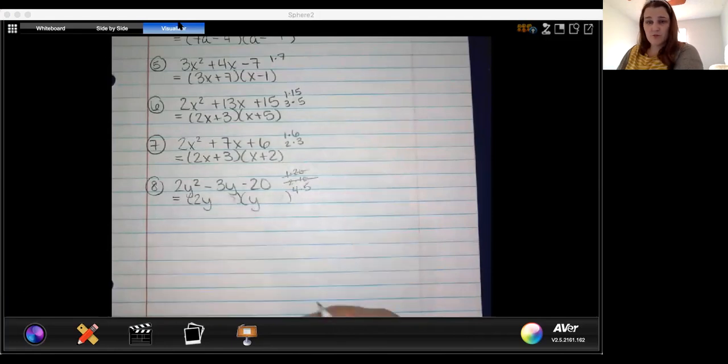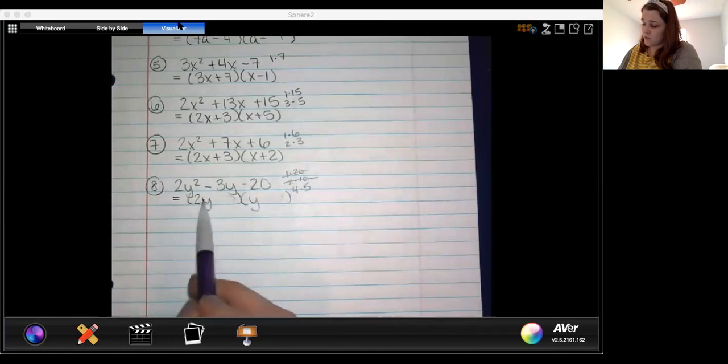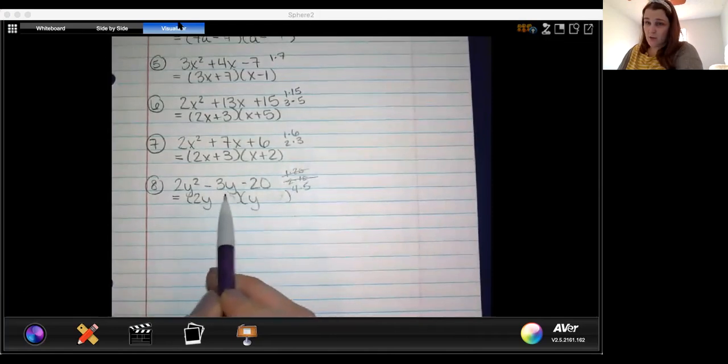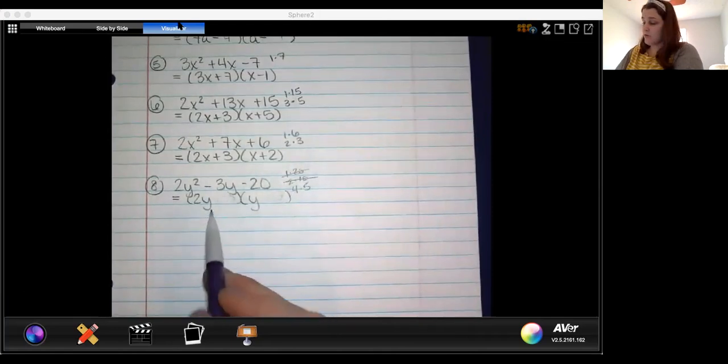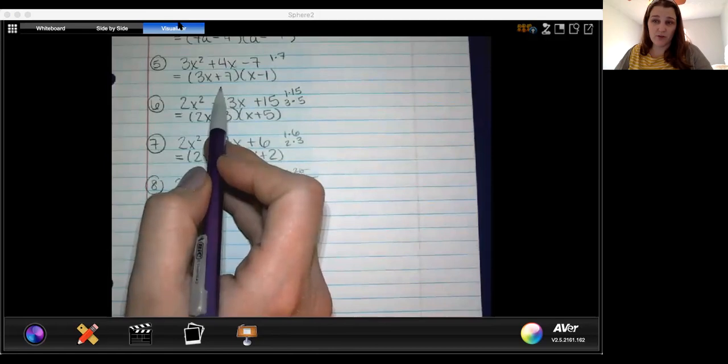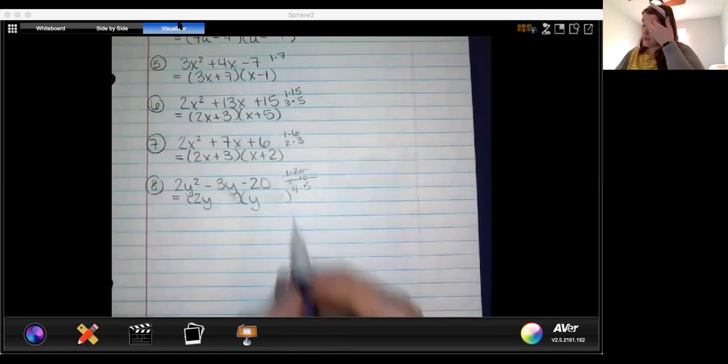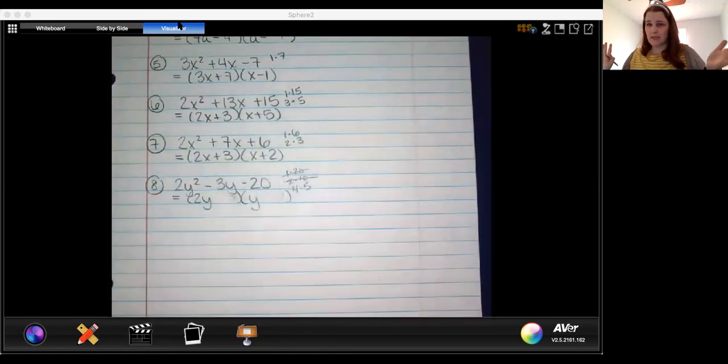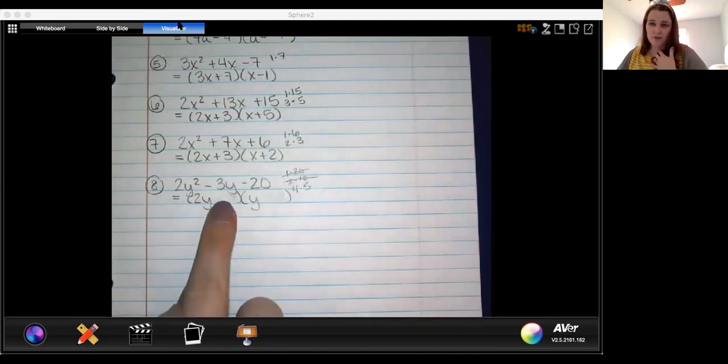But it's not true. So in reality, we know that if I'm dealing with a 2, I can't put another even number next to it. Or if I'm dealing with 3, I couldn't put a factor of 3 next to it, because then that means I should have simplified further to begin with. So that means 2 and 10 is eliminated. I can't do it because both the factors are even, and that's not going to work.